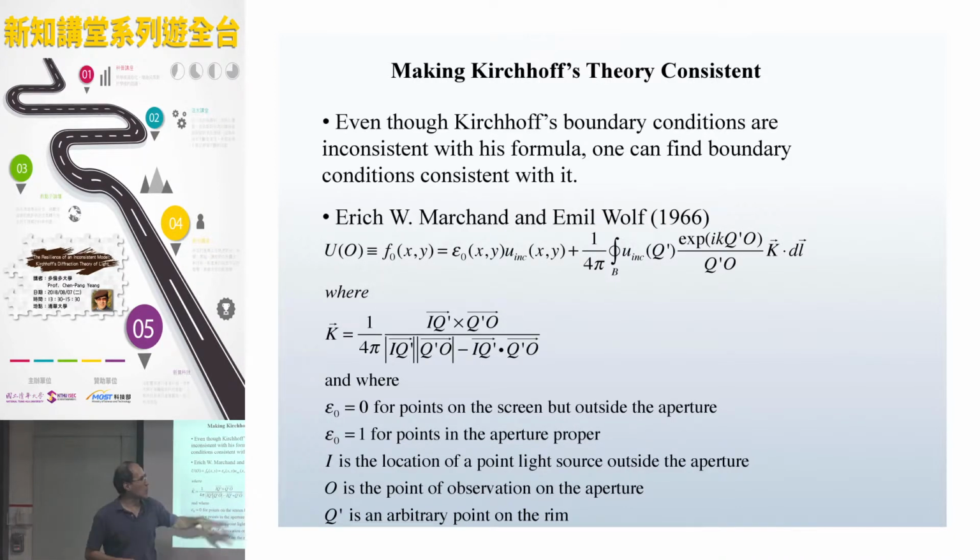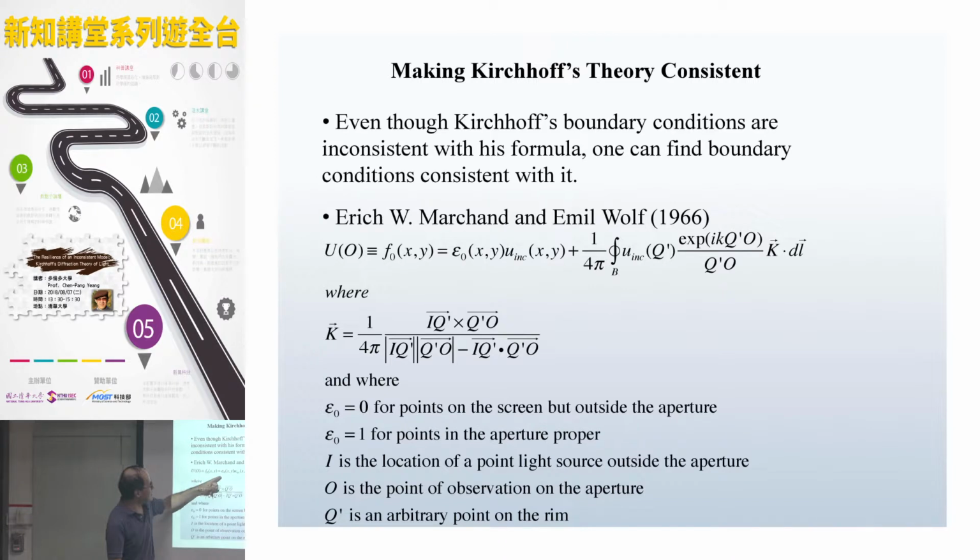In other words, according to this new boundary condition, the field on the shadow part of the screen does not vanish, right? Because it has this contribution from the edges. So some diffracted light leaks onto the shadow part of the surface, so it's not 0.